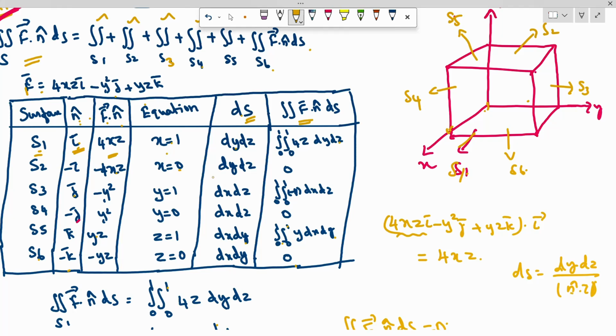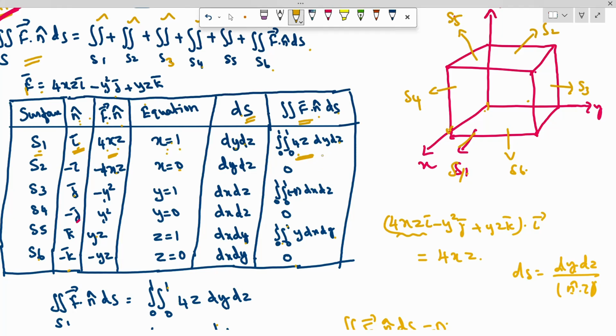Here n cap is i vector, i dot i is 1, so we get only dy dz. ds is dy dz. Then substitute in the double integral F dot n cap, which is 4xz, times ds. Here x value is 1, so substituting x equal to 1, we get only 4z.